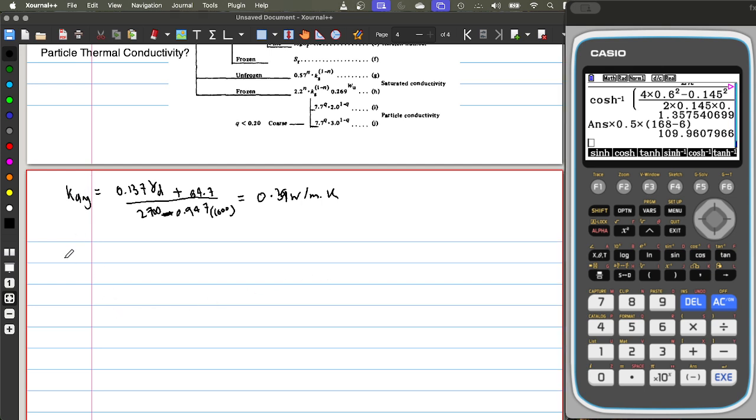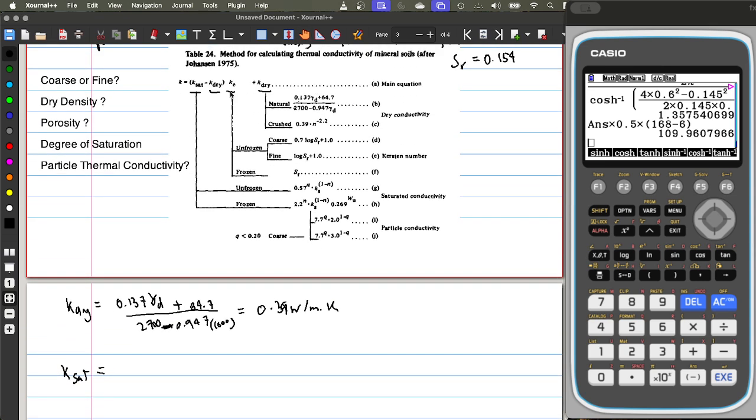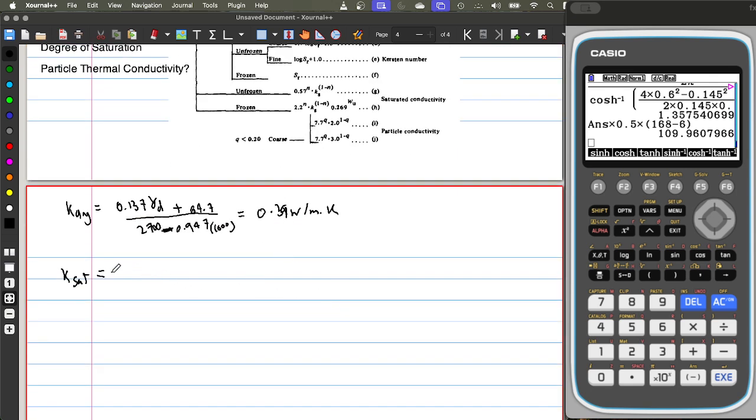This is for dry. Now for K sat, the formula we're using is this one, right? K sat is 2.2 to the power of n, sorry, 1 minus n, to the power of n, times Ks.